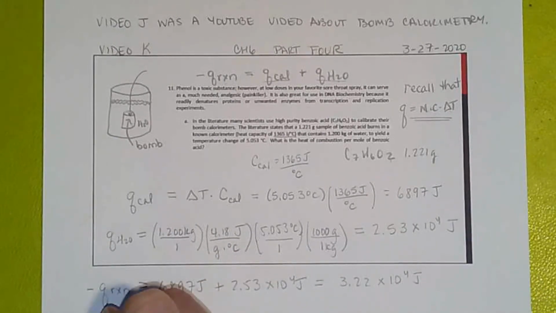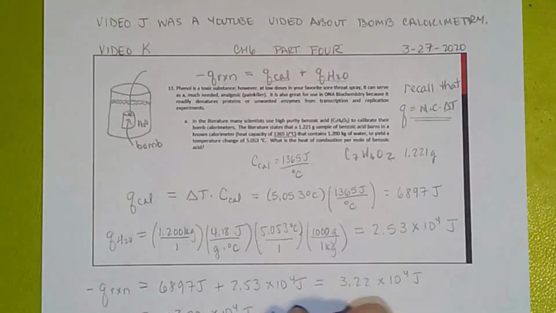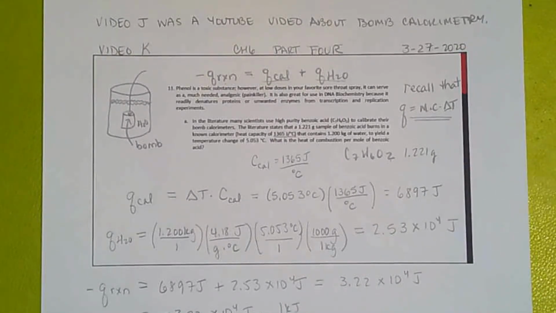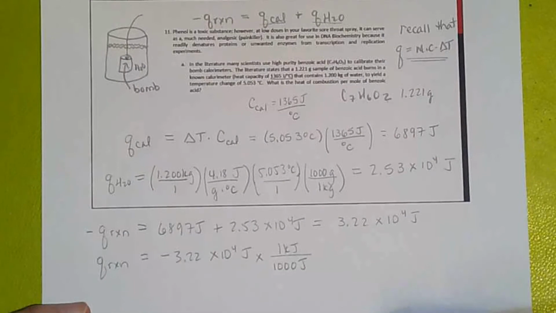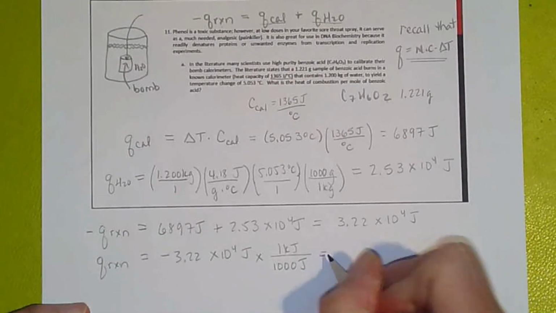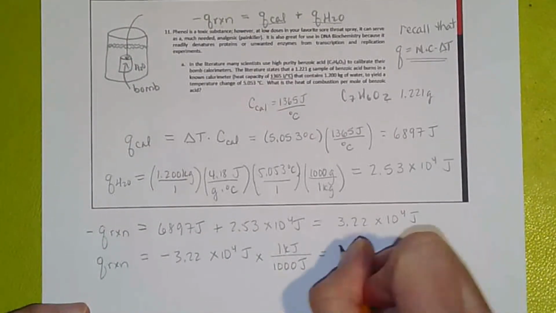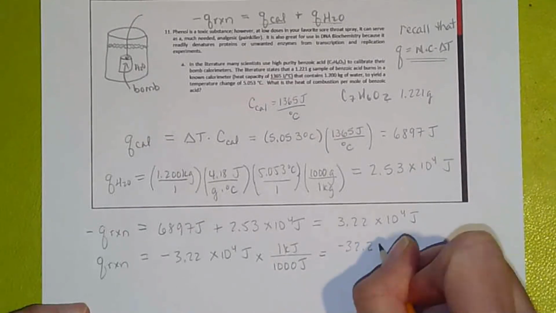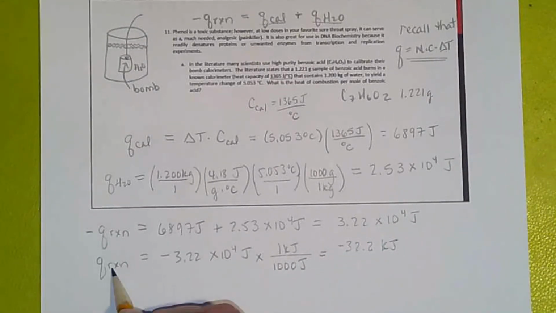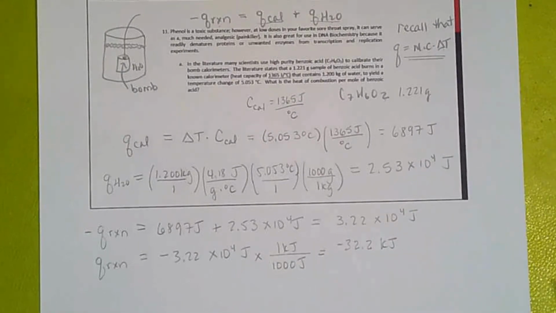So therefore Q reaction equals negative 3.22 times 10 to the 4th joules. Now we're often working in kilojoules because we have these large numbers of joules, so I'm going to convert that to kilojoules, and that's going to give me negative 32.2 kilojoules. So that is the heat given off by the reaction.